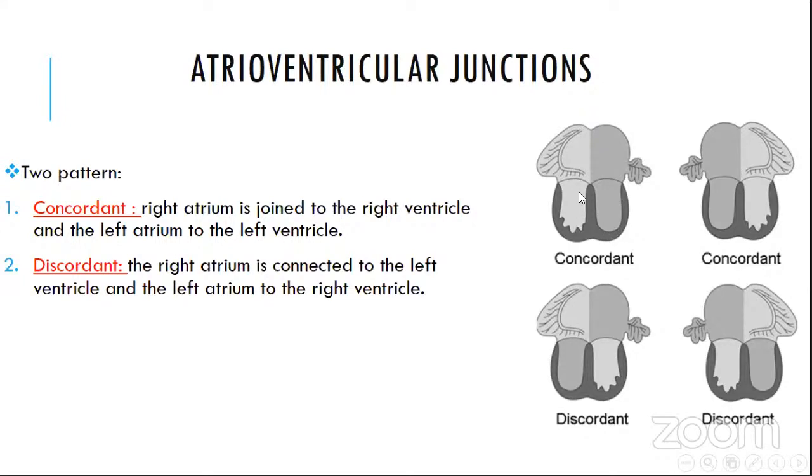It can be situs solitus or situs inversus, also called concordant, because the left atrium is connected to the left ventricle and the right atrium connected to the right ventricle. Discordant when the right atrium is connected to the left ventricle and the left atrium connected to the right ventricle, as you can see here.